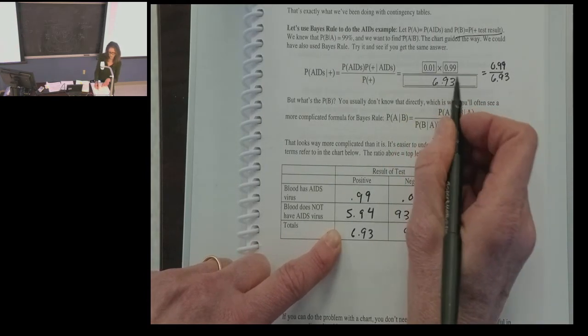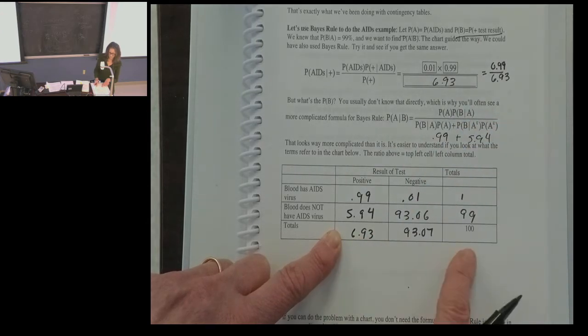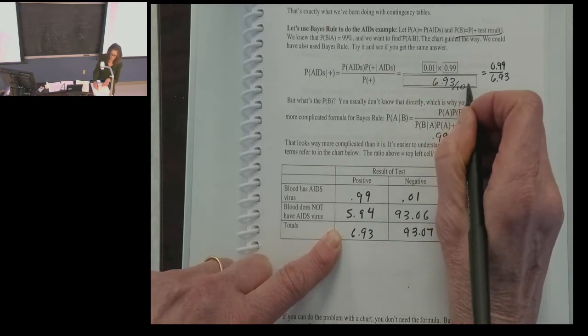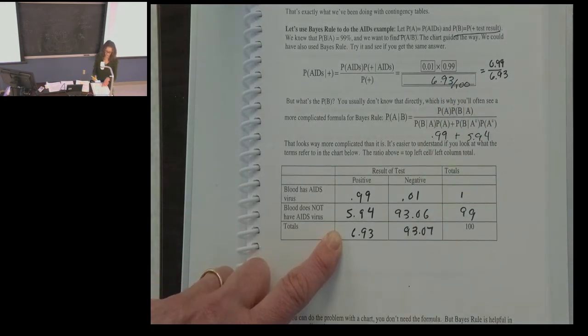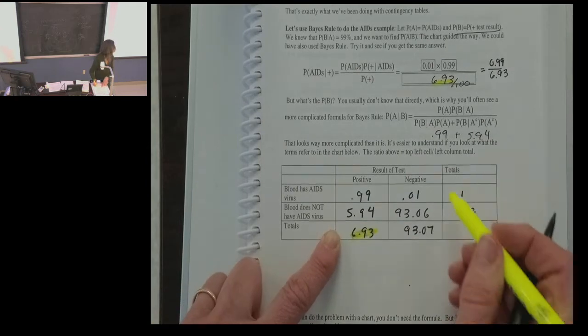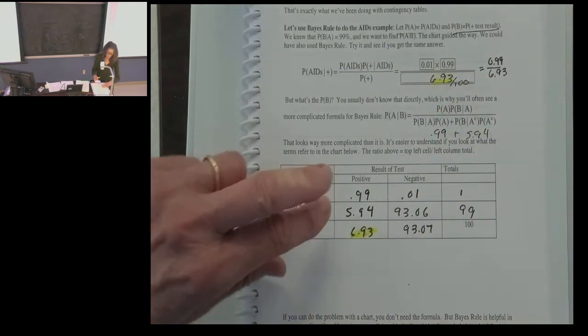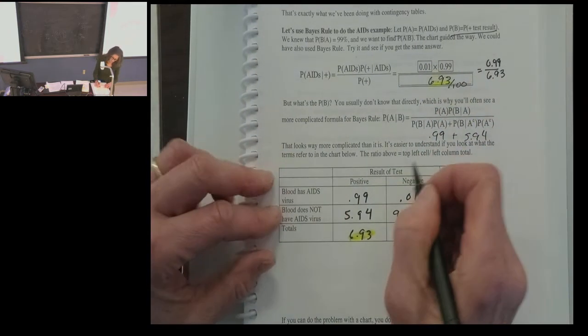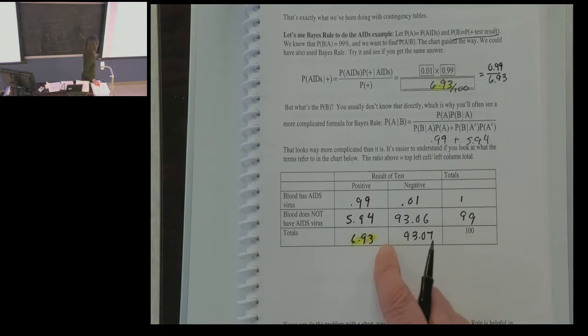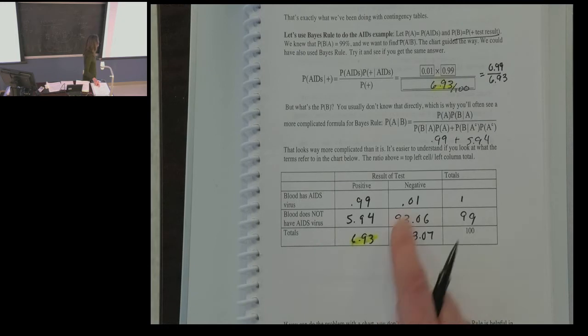I guess it's expressed as a fraction, so I should have said out of 100, because these are out of 100. And these two, you can see where they match up. So we did it with a table, but this is Bayes' rule.